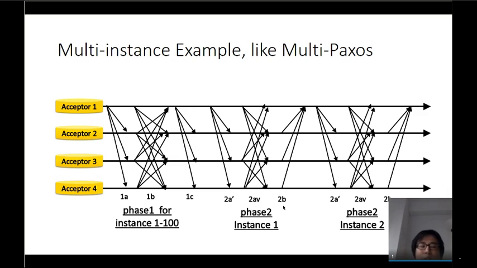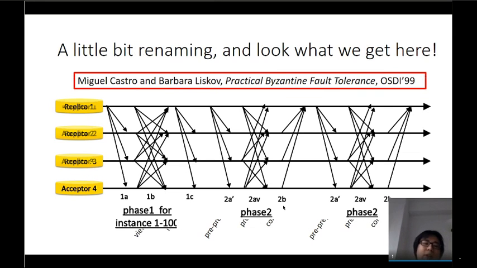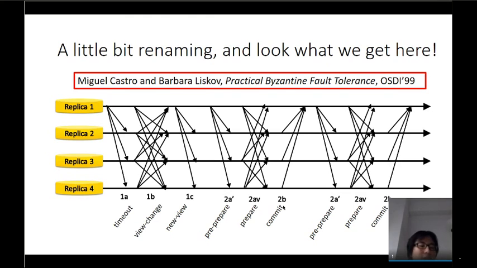So the interesting thing is if we rename the phase names and acceptors a little bit here, we get something very similar to PBFT, right? The phase 1A is actually not explicitly sent in PBFT.